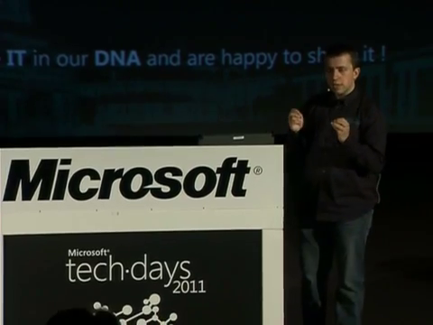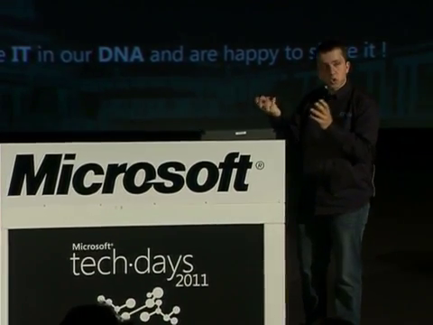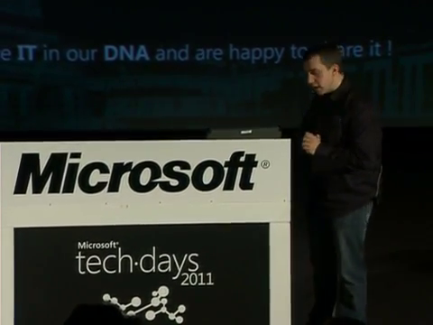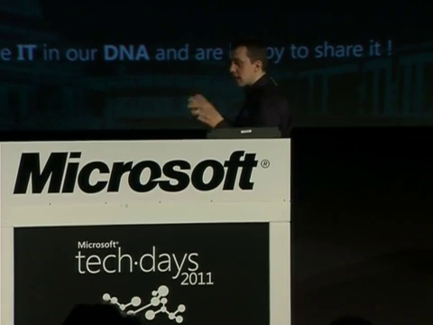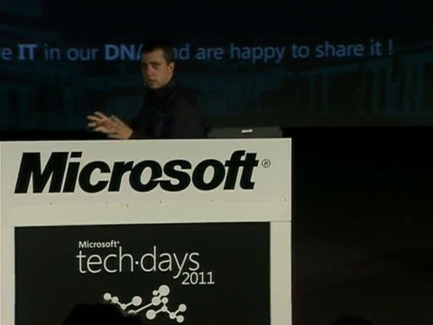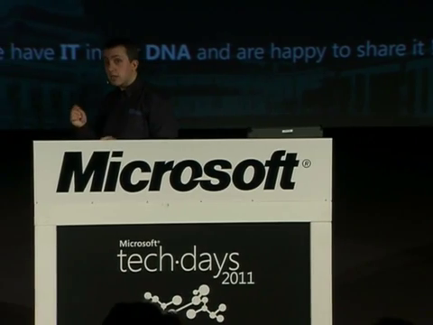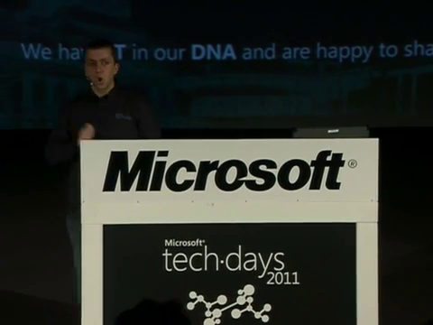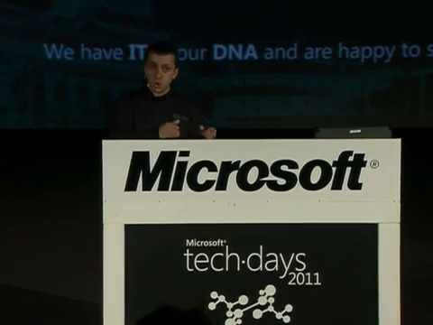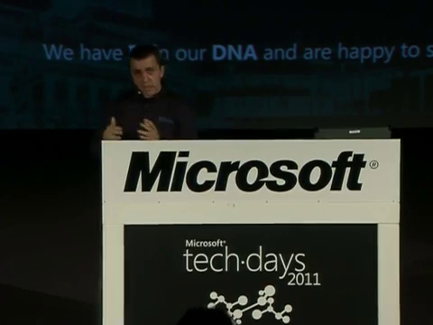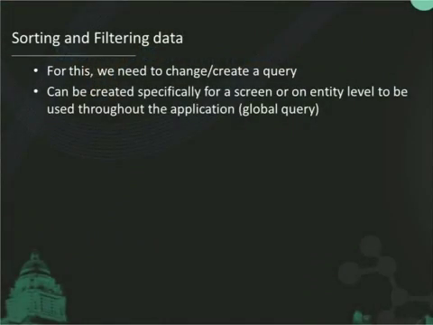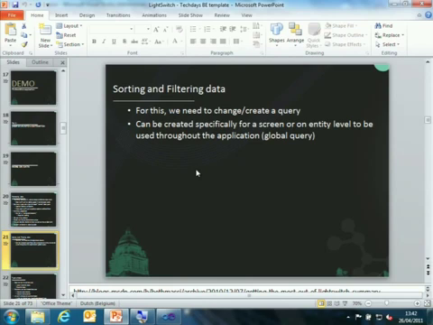Now, you can change the screen query, which then only changes how that particular screen will show its data. But you can also create what is known as a global query, which is then stored inside of LightSwitch and can be used on several screens. Let me show you.